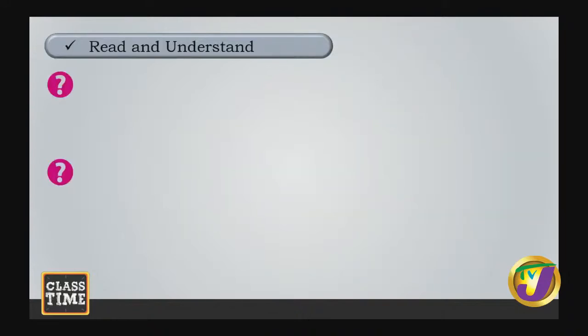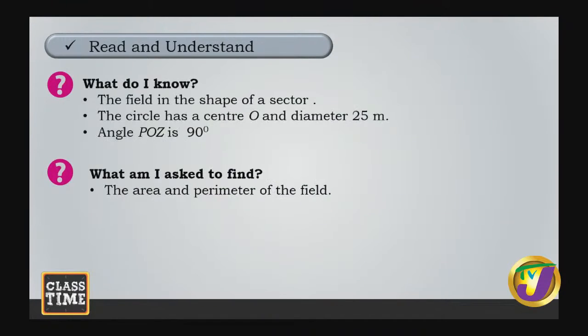We would have read and understood, and when we read and understood, we know that the field is in the shape of a sector. We know that the center is O. It has a diameter of 25 meters, and there's an angle that is formed to get the sector POZ that is 90 degrees.